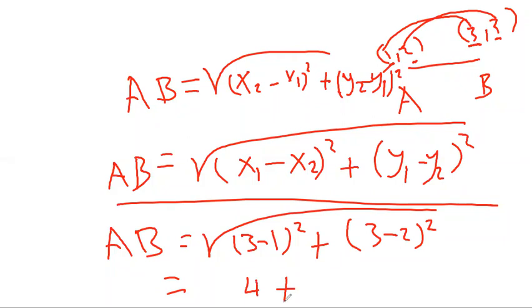And 3 minus 2 power 2 equals 1 power 2 equals 1. So this is the square root of 5. So the length of this line segment is square root of 5. Finished.